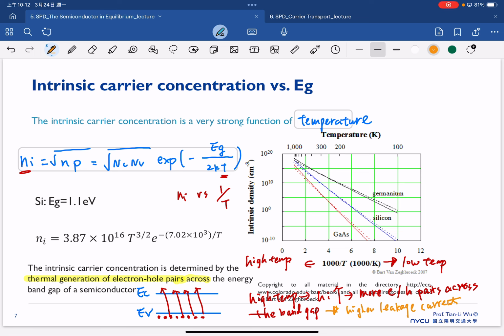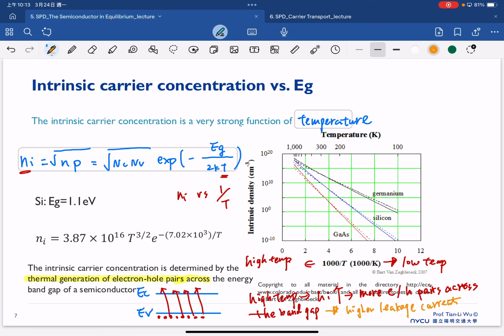If you already have some experience fabricating or characterizing devices, then you will always see that in a high temperature environment, you always have higher current going through. But now with this understanding, we have some theory to prove why in a high temperature environment you always get a high leakage current.